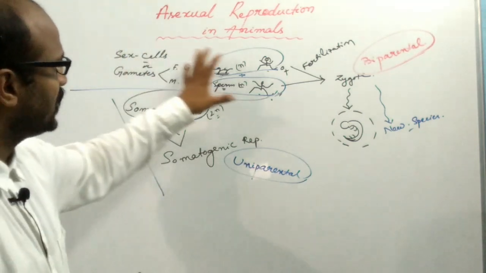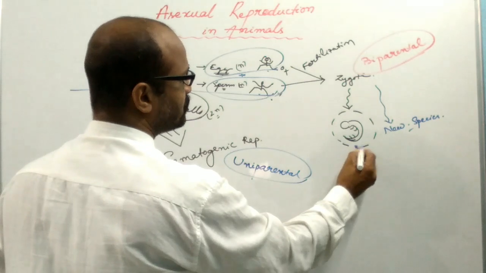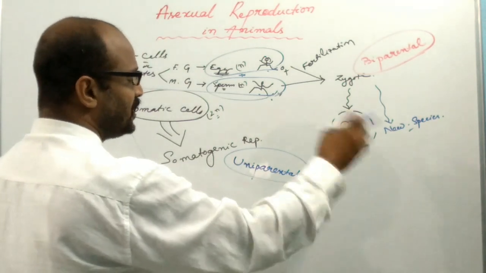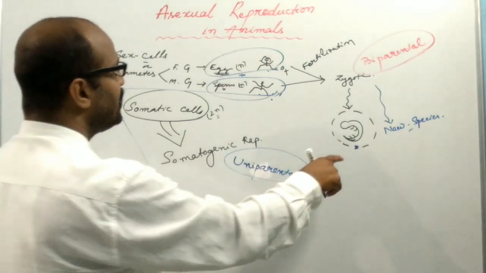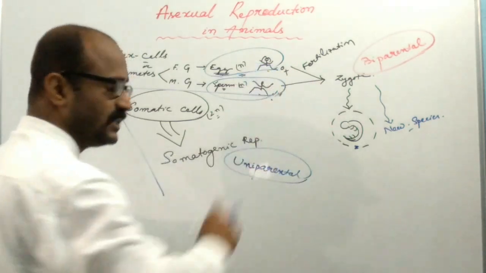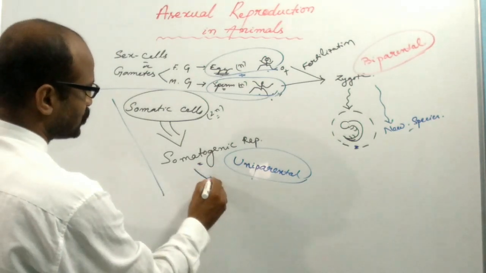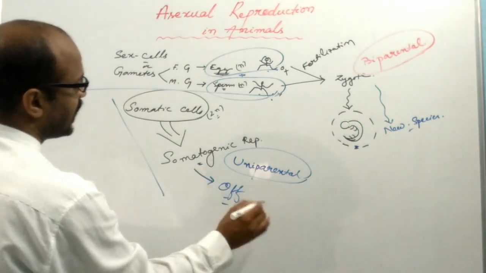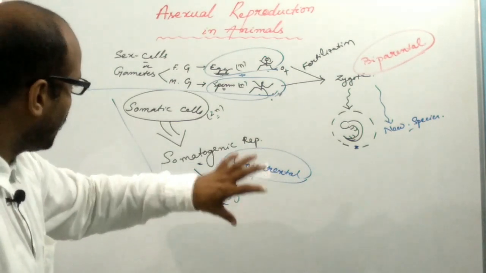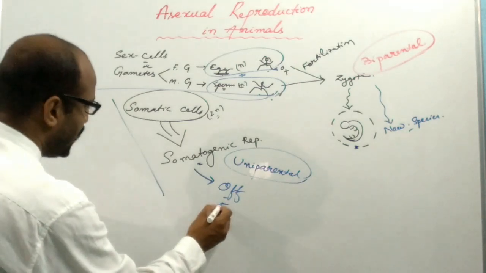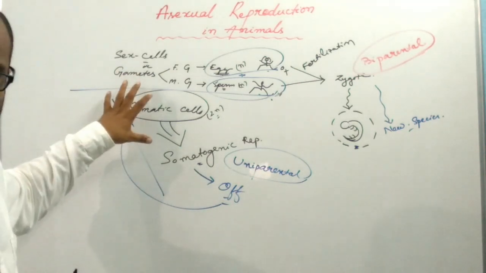In case of sexual reproduction, offsprings are produced having new characters, and such offsprings slightly differ from the father and the mother. But in case of somatogenic reproduction, the offsprings produced are alike and 100% similar to the parent.